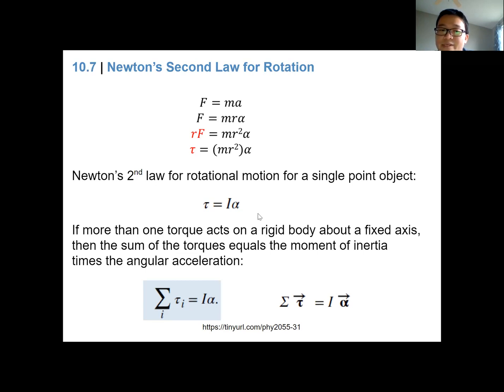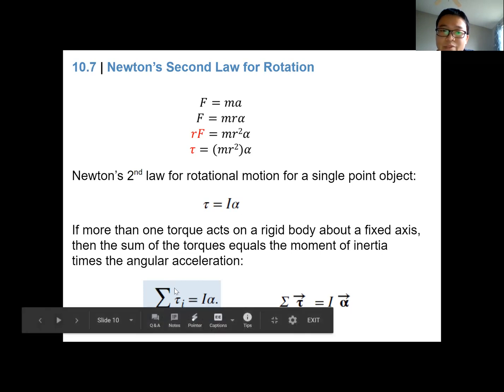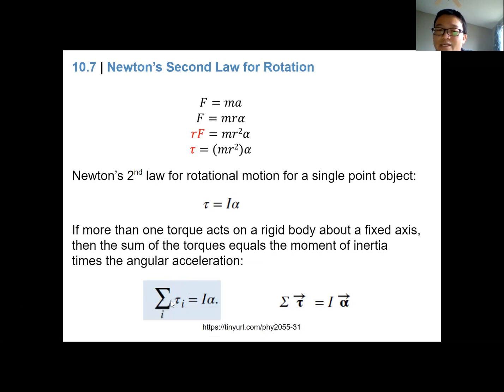If you have several point objects in the system, or if there are multiple forces on the object, then you get multiple torques. If you sum up all the torques, that will give you the moment of inertia times alpha for the system.